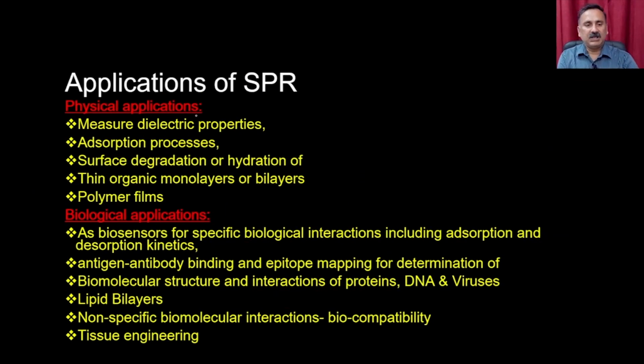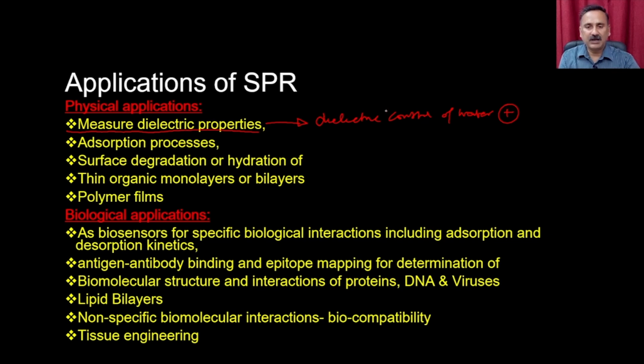Now, what are the applications of SPR? So you can measure the dielectric properties. Remember that I said you are going to have the surface plasmon because of the dielectric constant of the water, right? So it is going to be on the positive side.